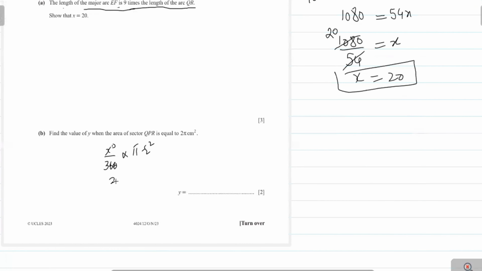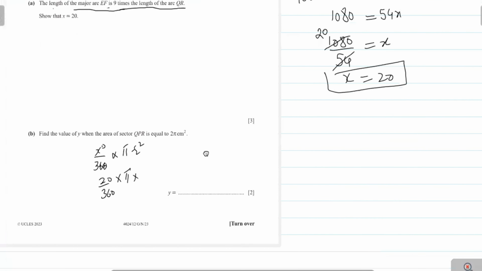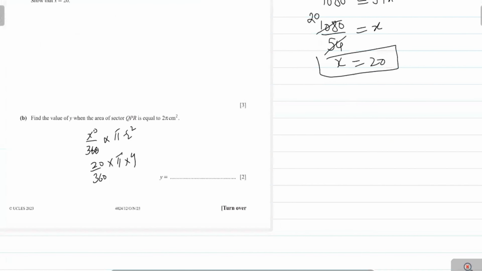We write here 20 over 360 multiplied by pi. The radius here is y. We can write y squared times this value equal to 2 pi. Pi will be cancelled. Now 20 over 360 is equal to 1 over 18.